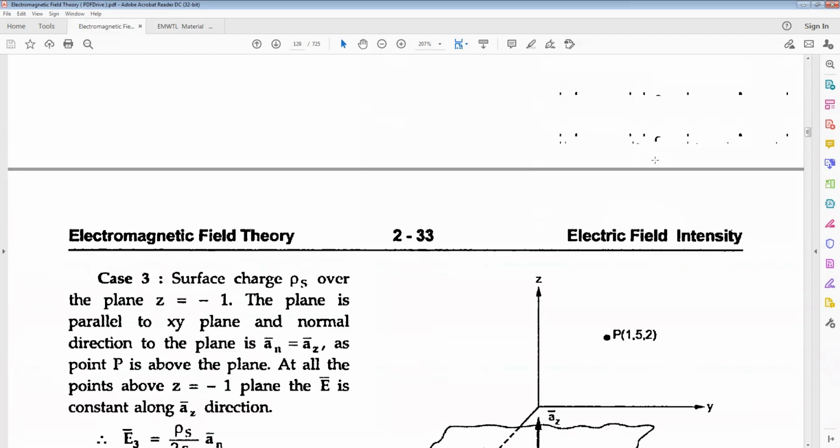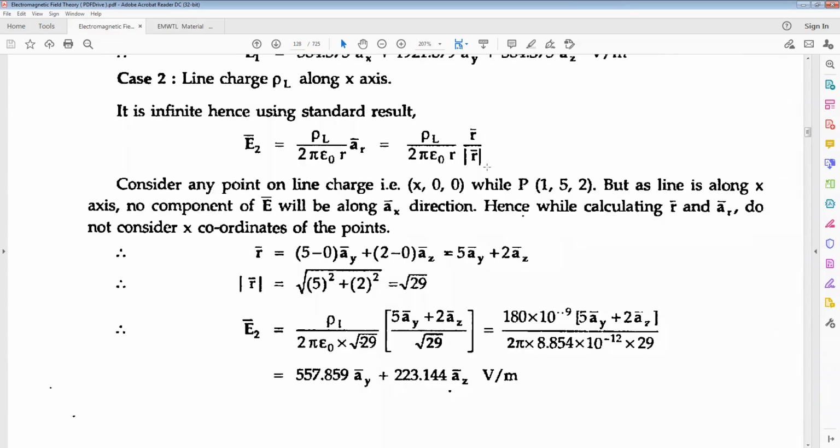Along the x-axis means x has some value and the remaining two are 0, 0. But as the line is along the x-axis, there is no component of E bar along the AX bar. So 5 minus 0 into AY bar and 2 minus 0 into AZ bar.